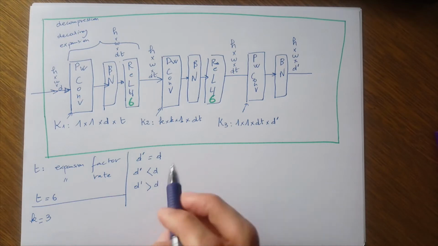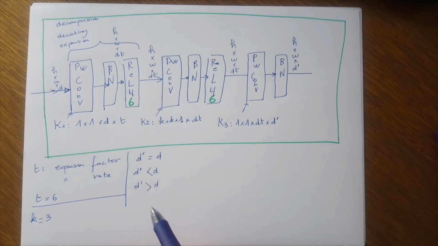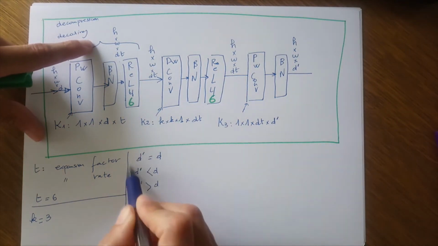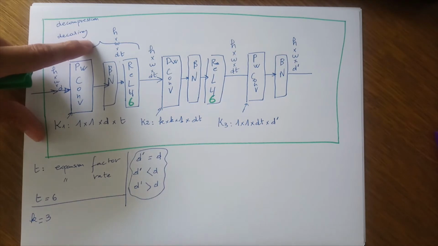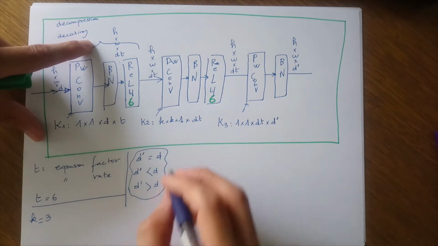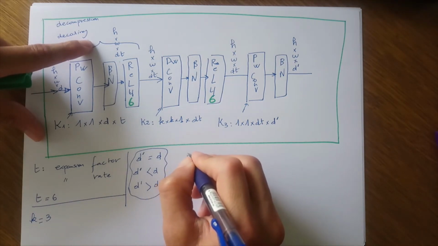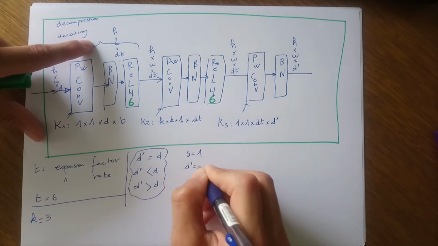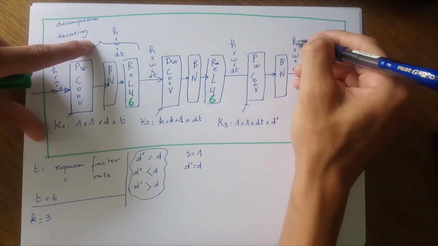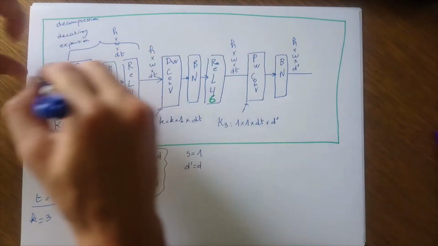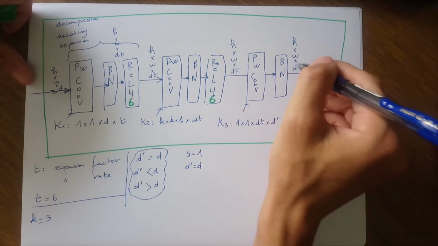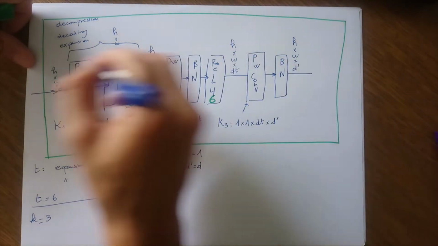Based on my exploration of this architecture, it seems that d prime has these three cases. In the case where we have a stride equal to 1, and where d prime is equal to d, the dimensions of the output are equal to the dimensions of the input.